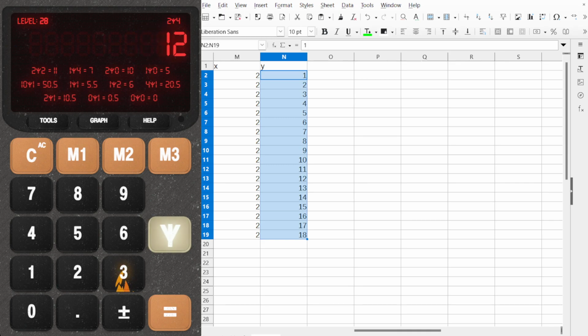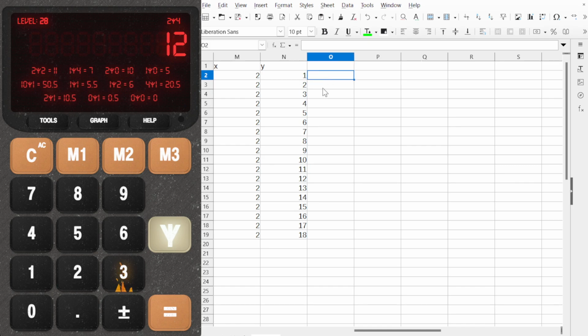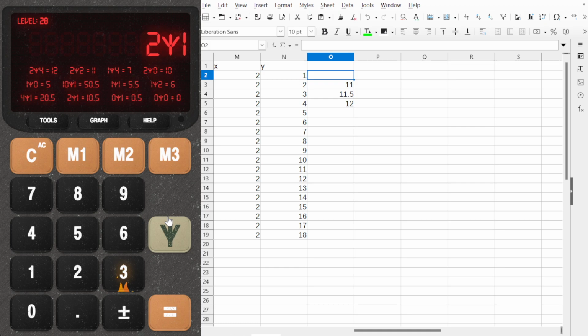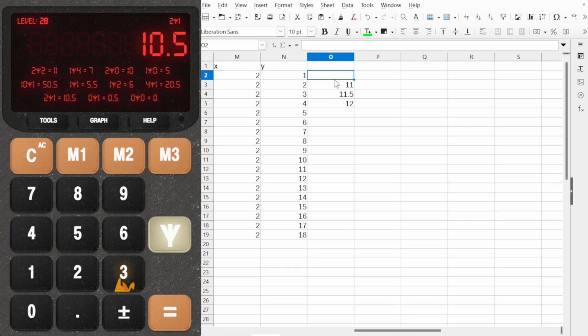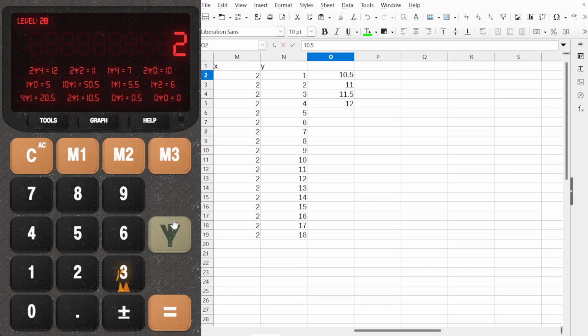Now we got something. Okay, 2, 2 was 11, 2, 4 was 12, and this one is 11.5 probably. 2, 1 was 10.5, yeah. Okay, and just in case 2, 0 is 10.